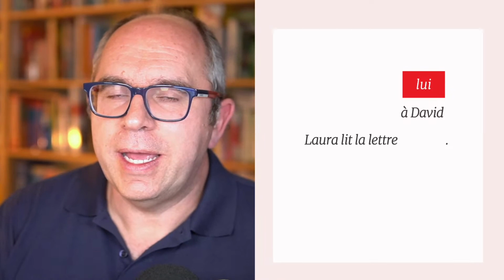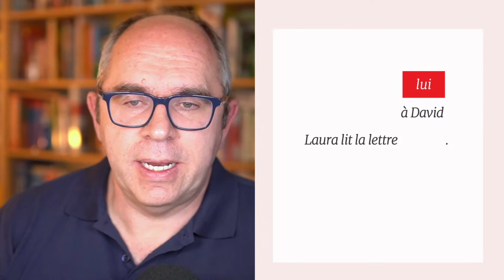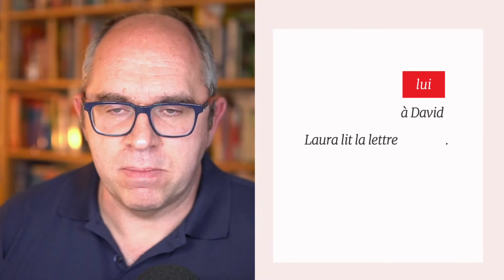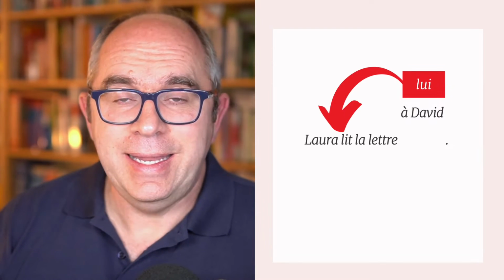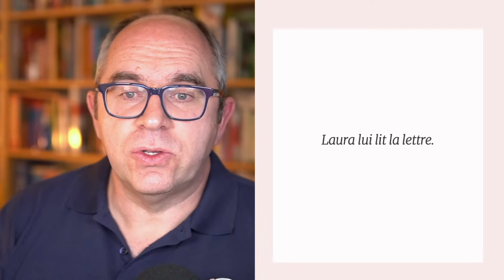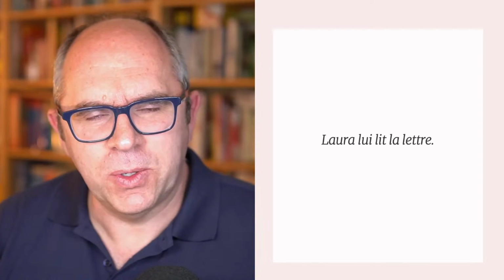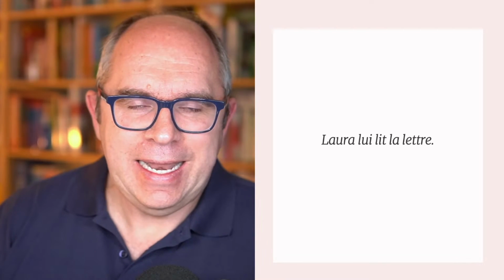It's not going to go in the same place as we would put it in English. Laura reads the letter to him. In fact, we're going to put lui before lit, before our verb. So that becomes Laura lui lit la lettre. Quite a tongue twister there. Let's try it. Laura lui lit la lettre.